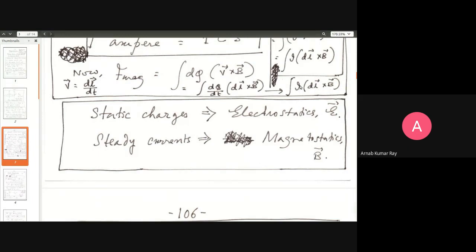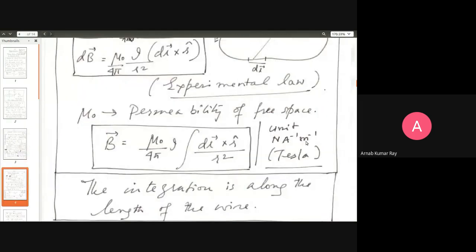I has the unit of ampere. We are talking SI units, of course, MKS system. Newton, ampere, meter. So B, magnetic field, will be Newton per ampere per meter. Don't get into too much complication about all that. Just write Tesla. That's the definition. That's the unit of magnetic field.